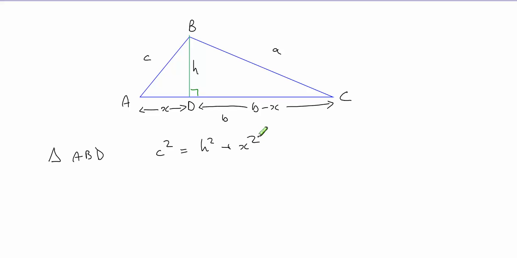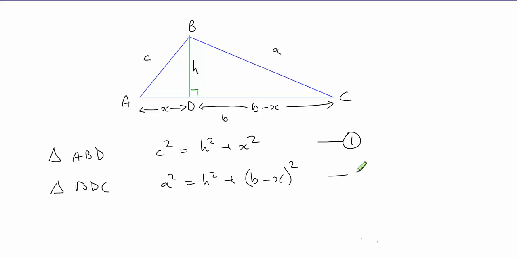And in the other triangle, BDC, the hypotenuse a squared is equal to h squared plus (b minus x) squared. Okay, we have two equations here. I can subtract one from the other. Let's subtract 1 from 2, so 2 minus 1, a squared minus c squared.